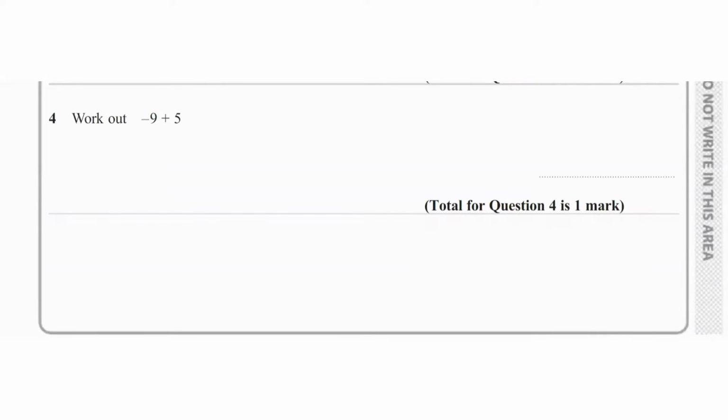Work out -9 plus 5. To understand this better, I'm going to draw the number line again. So we have 0 over here, and I'm going to put 5 over here. So 1, 2, 3, 4 are over here. And then -9 is going to be over here.